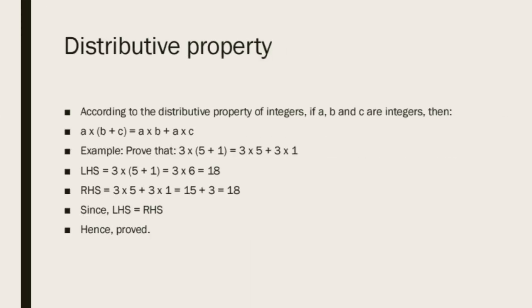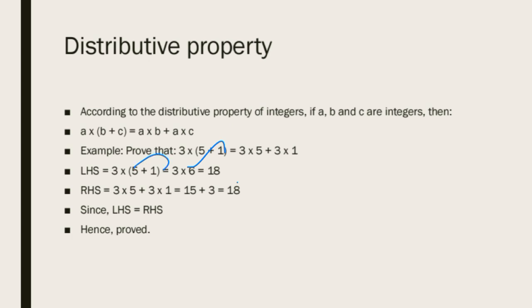Distributive property. According to the distributive property of integers, if a, b and c are integers, then a into bracket b plus c is equal to a into b plus a into c. Example, prove that 3 into bracket 5 plus 1 is equal to 3 into 5 plus 3 into 1. LHS, 3 into bracket 5 plus 1 is equal to 3 into 6.